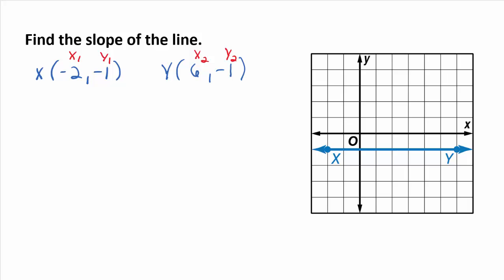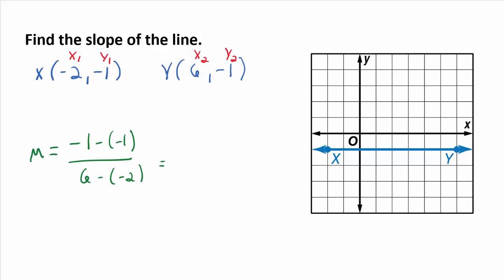We are ready to use our formula. Y2 minus Y1 is going to be -1 minus a -1. Put those in parentheses. And then 6 minus a -2.